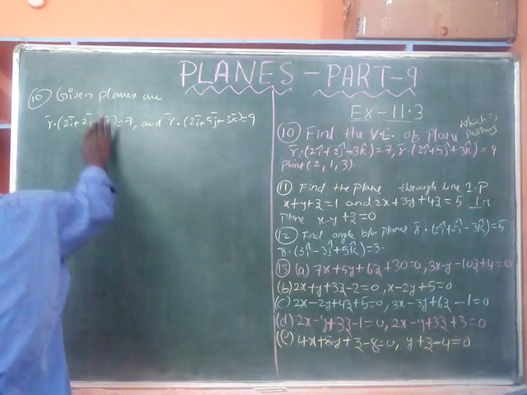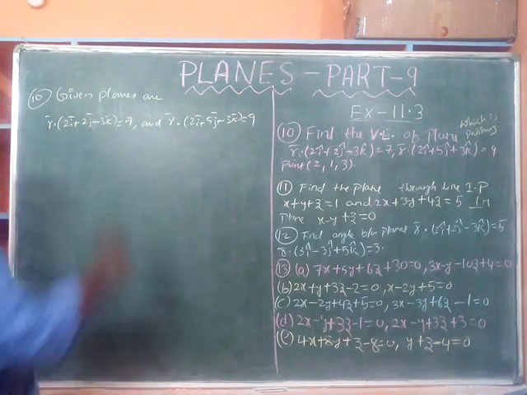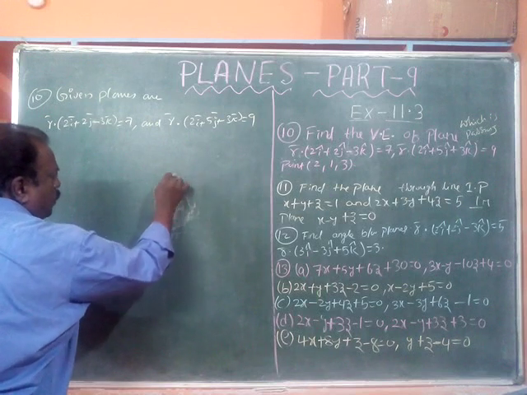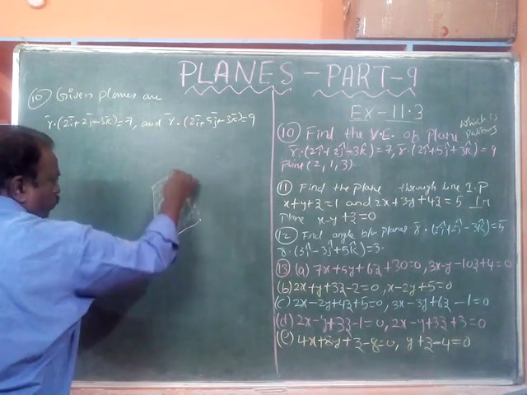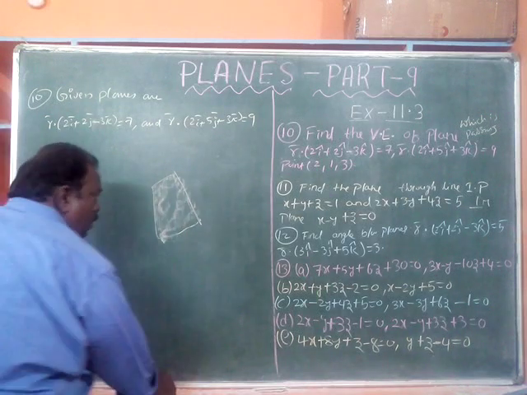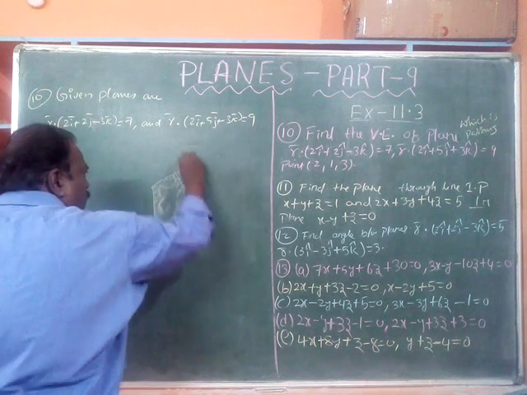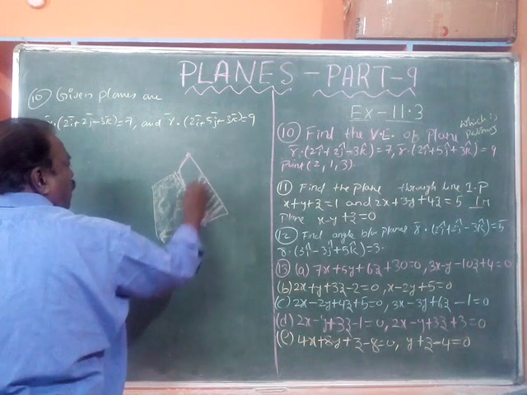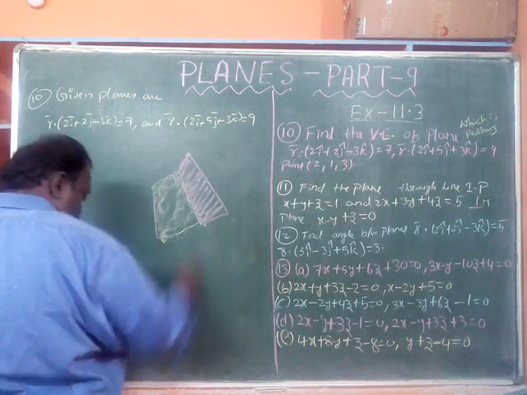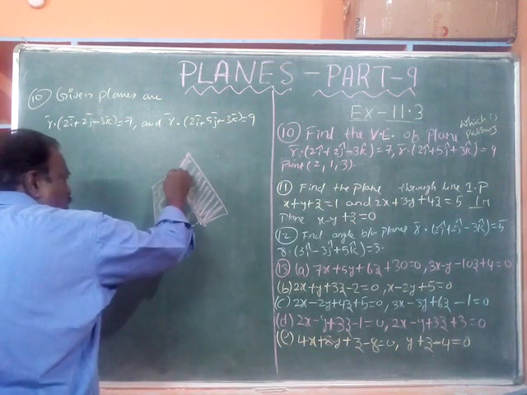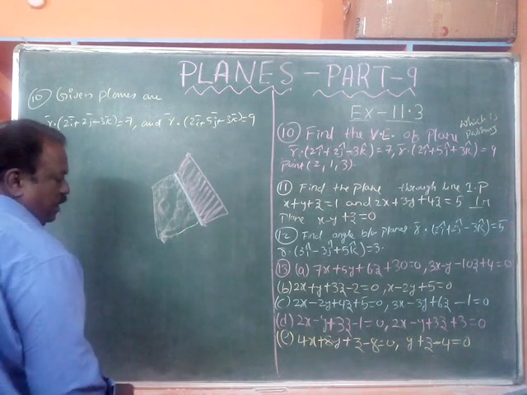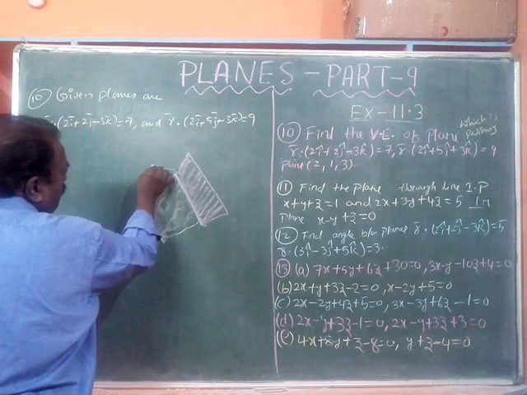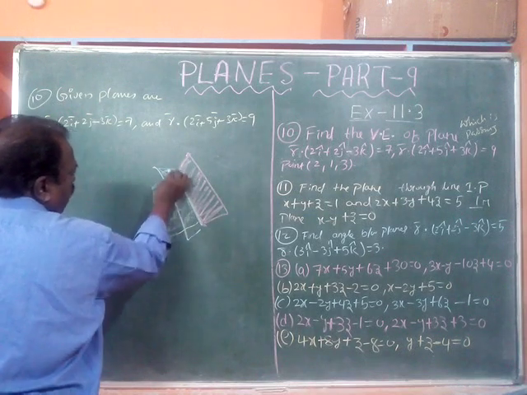Now you see, this is one plane, and another plane is there, just like two pages of a book. This is the line of intersection. Through that, another plane is passing.